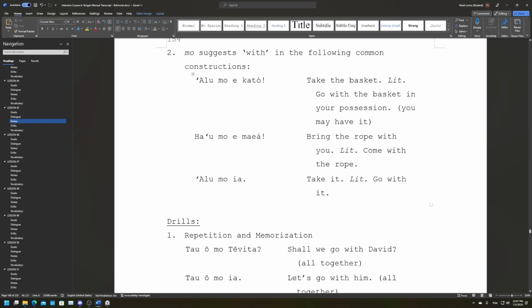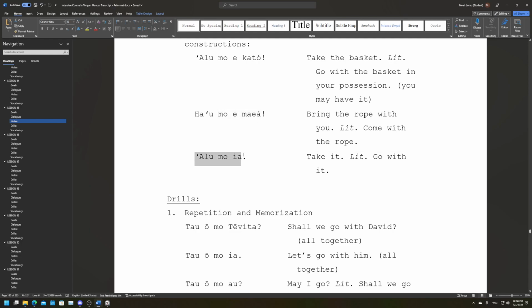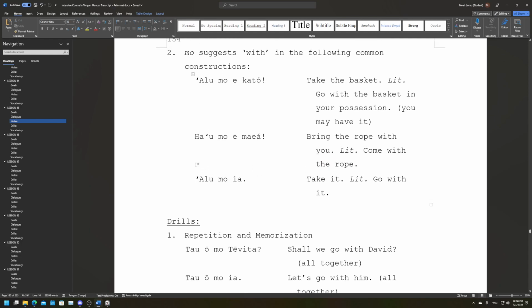Okay. You can see two more examples, hap moi maya. So bring the rope with you or just come with the rope. And then alamoya. This is one of those phrases that is said very often in Tongan, alamoya.